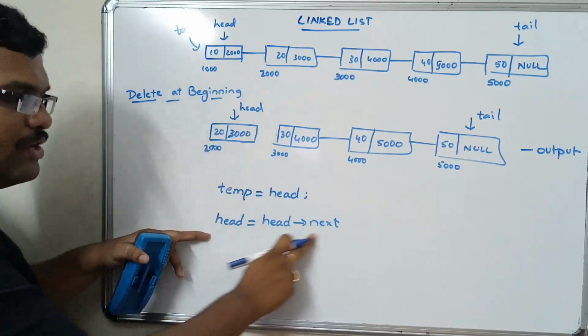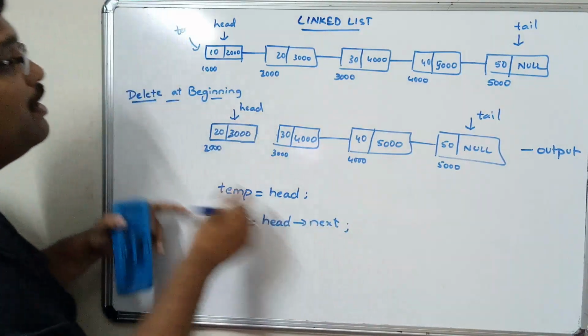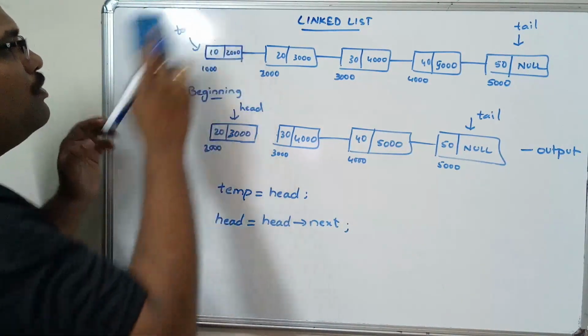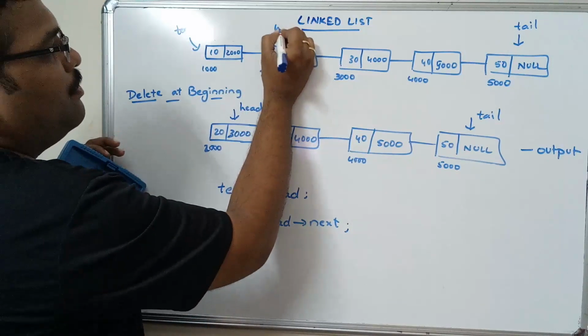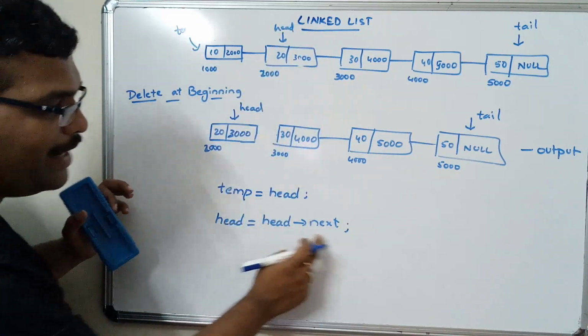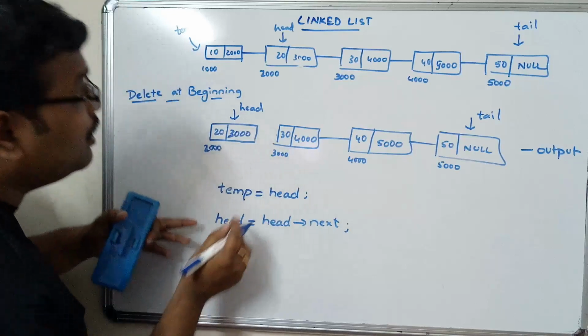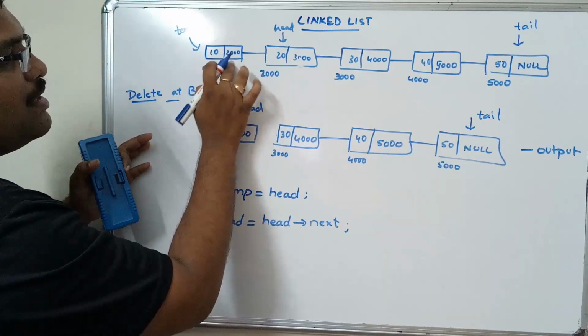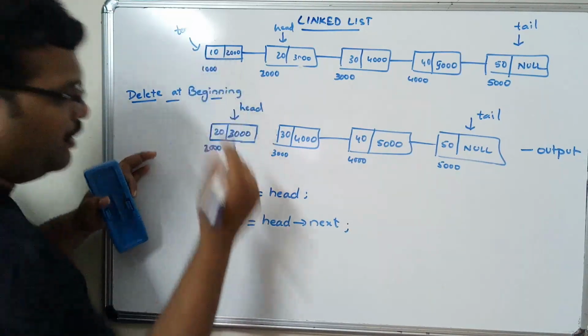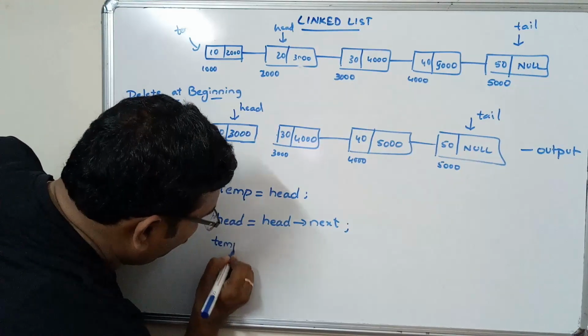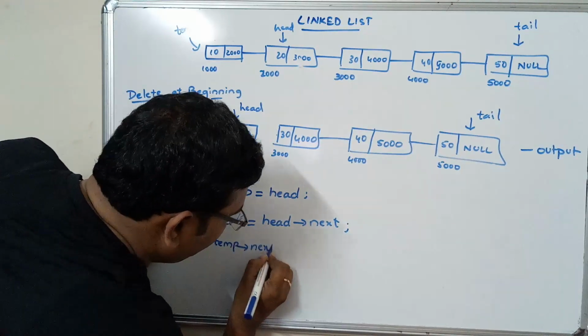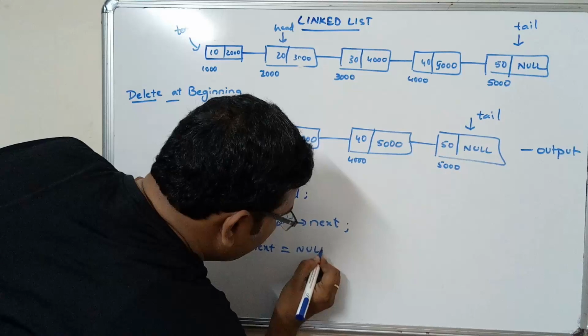After executing this statement, head will be moved to here. Head is equal to head of next. Now we have to place null at the address field. So temp of next is equal to null.